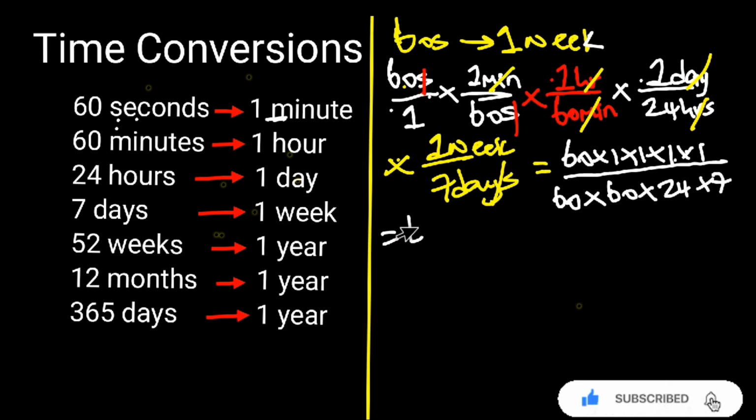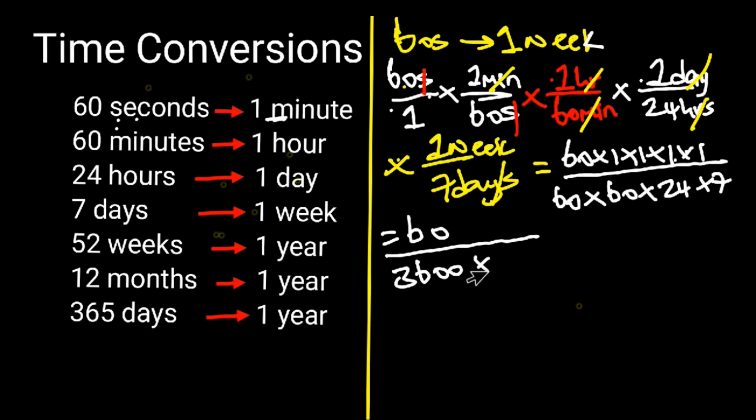So this will give us 60 over 60 times 60 is 3600, then multiply by 24 by 7. Now if you input this in your calculator, you are going to get 9.92063 times 10 raised to power -5 weeks.